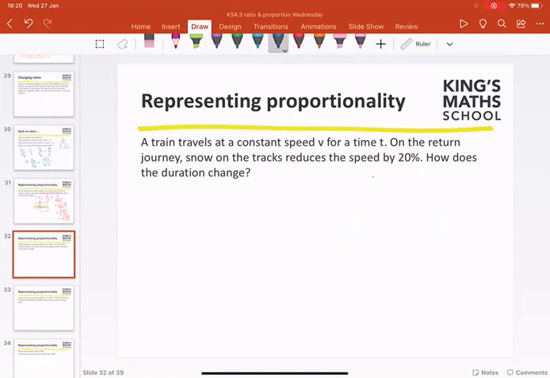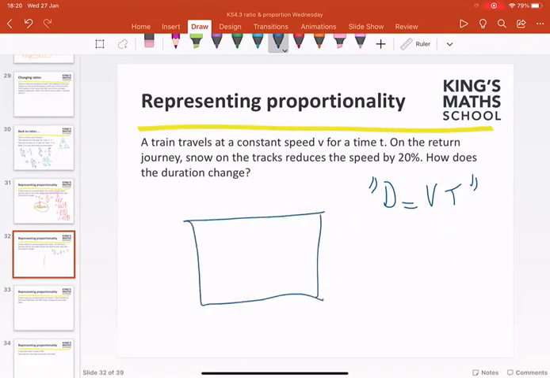So if you're thinking about distance being velocity times time, what you're thinking about is a rectangle, and the distance is the area of the rectangle. So if it's got width v and length t, then distance is area.